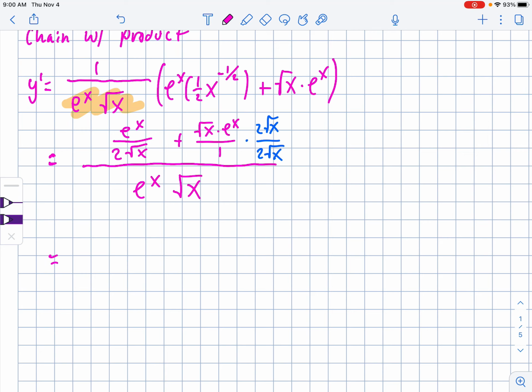Then I'll leave the big denominator alone and just simplify the top. So the top, let's see, when I multiply root x with root x, I just get x. Both those fractions now have the same denominator, which is 2 root x. And then on top, we'll get e to the x plus 2x e to the x.